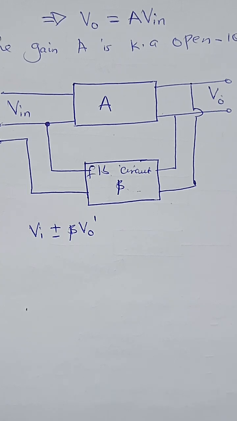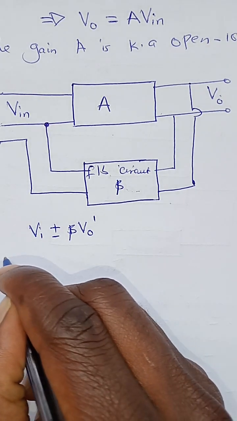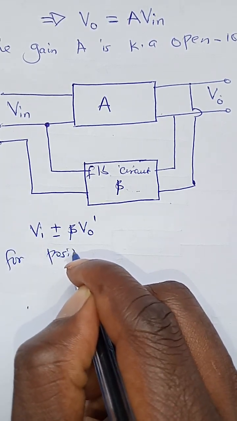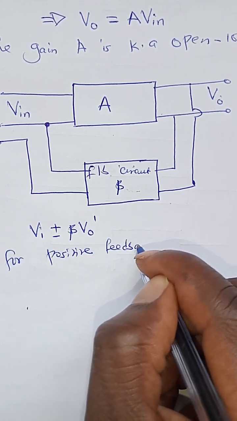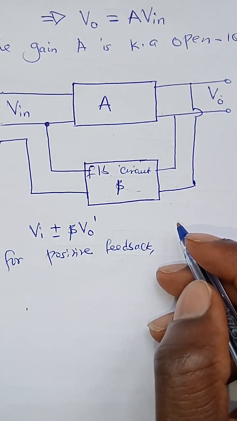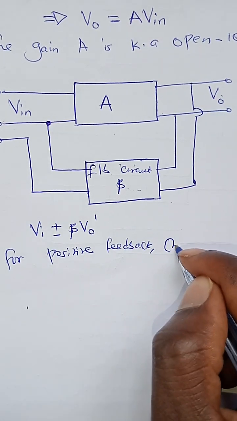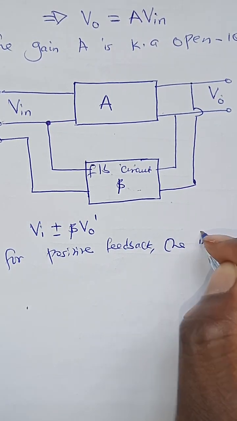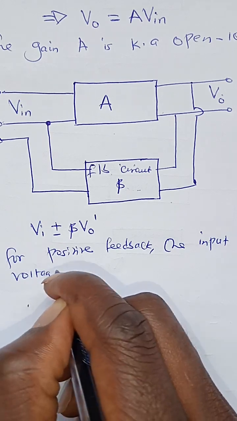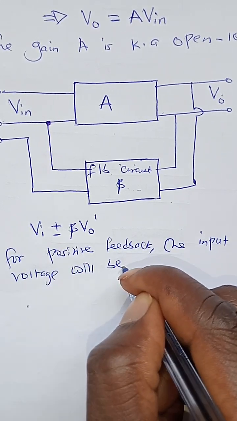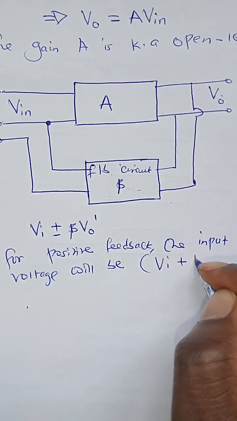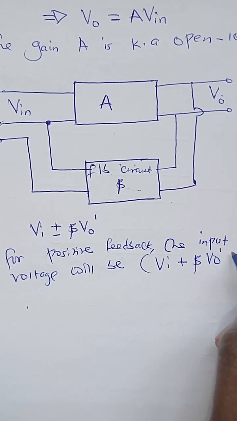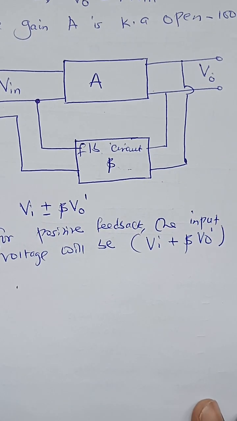Now, for example, if we assume positive feedback, the input voltage will be Vi plus beta Vo prime.